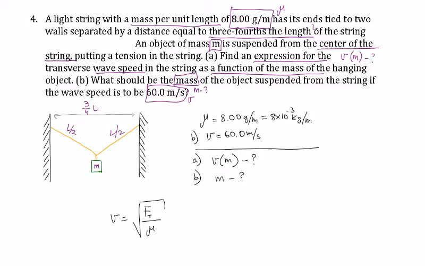So we have no problem with the linear mass density, but we need to find the force of tension. So now the question is, how can we find the force of tension?